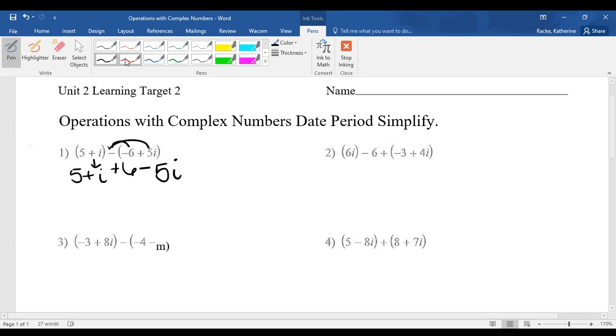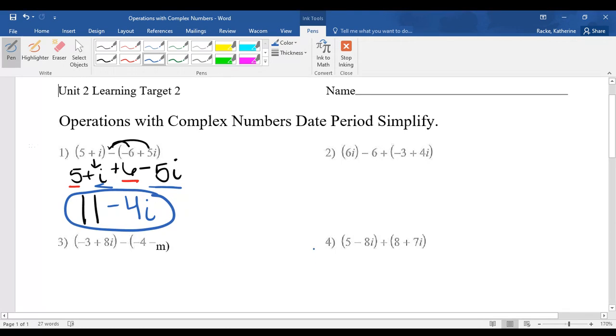So 5s are like terms, or constant numbers are like terms. 5 plus 6 gives us 11. And then i minus 5i. So 1 minus 5 is going to give us a negative 4i. And that is it.